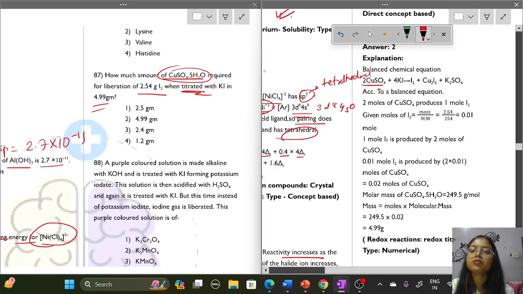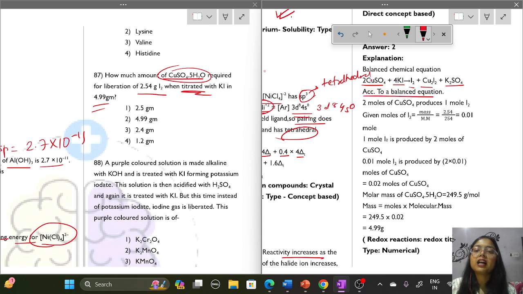So 2 CuSO4 plus 4 KI will give I2 plus Cu2I2 plus K2SO4. According to the balanced equation, we know that 2 moles of CuSO4 produce 1 mole of I2.